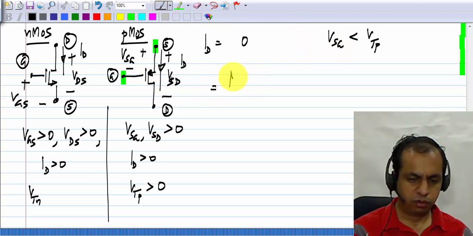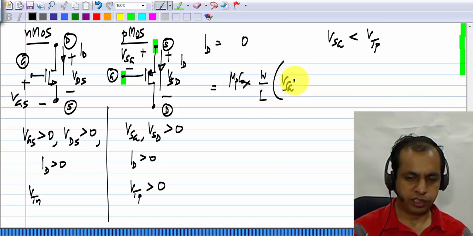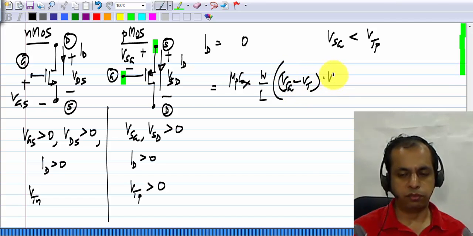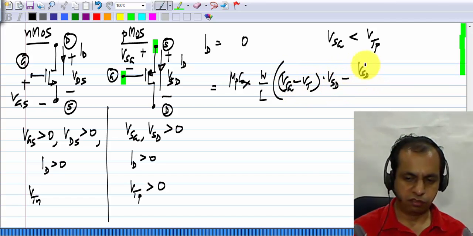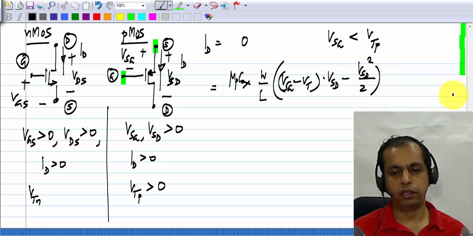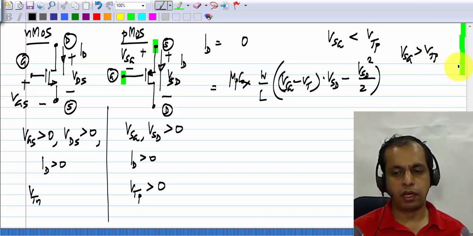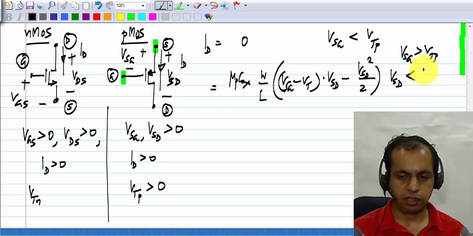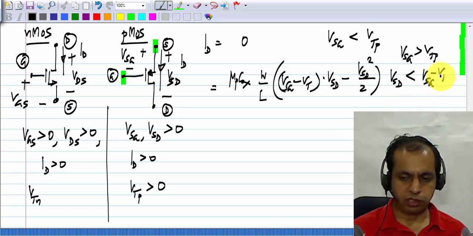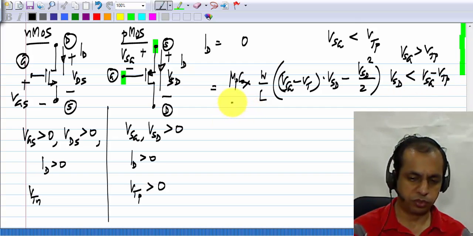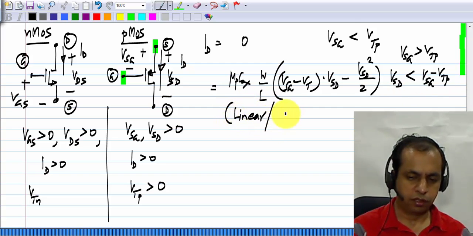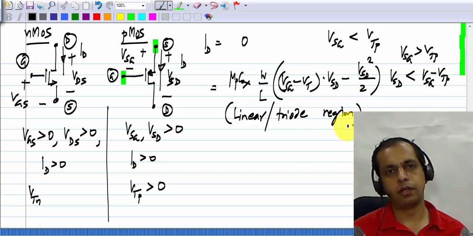And it is equal to mu p Cox W by L times (VSG minus VT) times VSD minus VSD square by 2. And this holds when the transistor is on, that is VSG is greater than VTP and the source drain voltage is less than VSG minus VTP. And this of course corresponds to the linear or triode region.